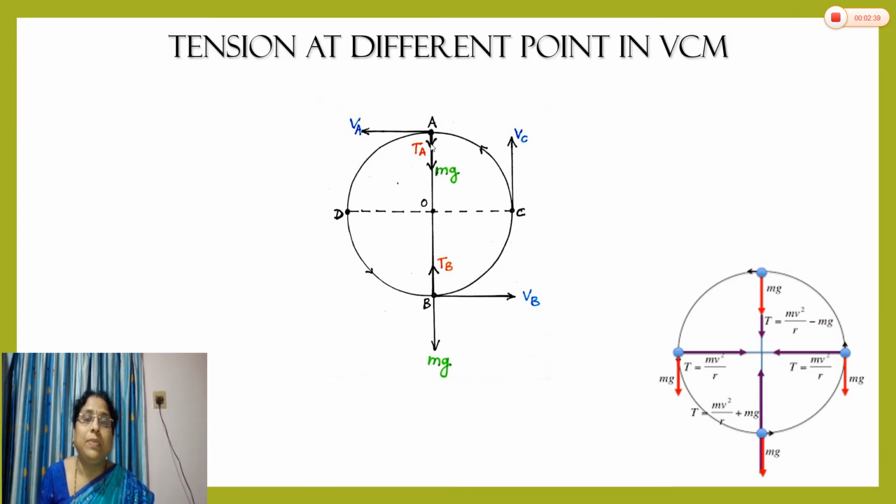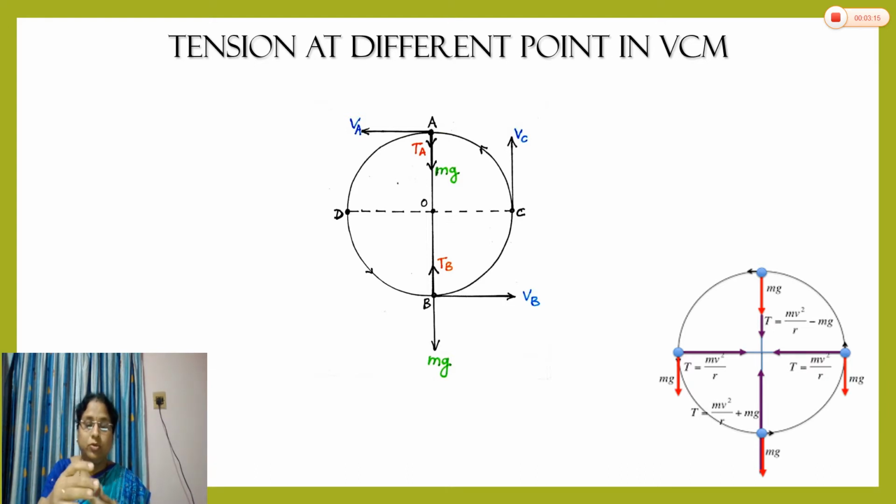See in this diagram, at this point A, the uppermost point in the VCM, the forces acting are two: its weight mg acting vertically downward, and the tension, suppose Ta, also directed downward along the radius towards the center of the circle. Here we consider the vertical circular motion of a bob. The bob is tied to a string, and the string is whirled in a vertical circle.